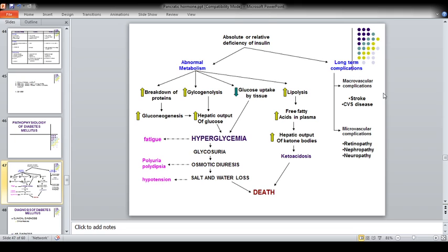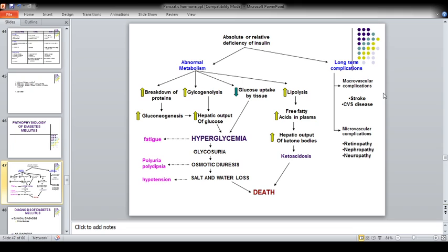In the case of the heart, that is known as myocardial infarction, or simply put, heart attack. And in case of brain, that is known as cerebral infarction or cerebral ischemia, and simply put, it is known as stroke.